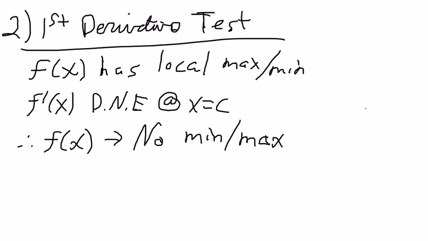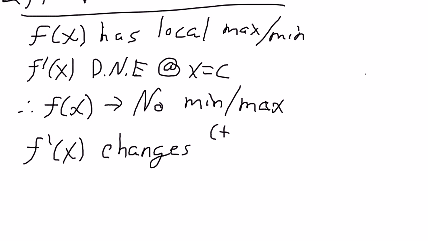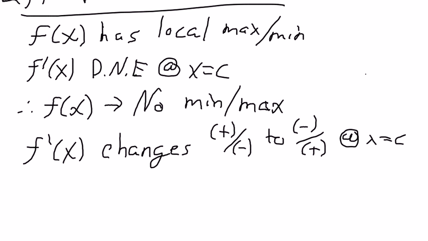So next idea is that at a point where f' is going to change from either positive to negative or negative to positive at c, then that means there's either a local minimum or maximum at c.